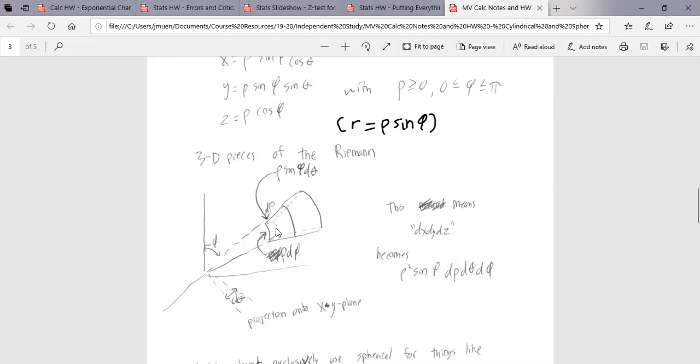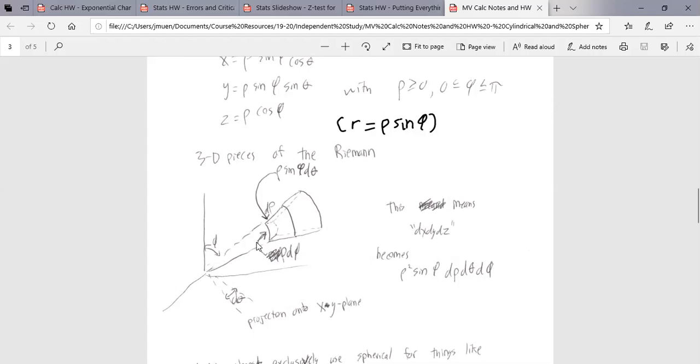If we want to know exactly the length of this particular segment here, even though it's an arc, we're just going to say that it's rho d phi. The reason that this is just rho d phi is that phi represents our angle from the z-axis, and rho represents our distance from the z-axis.